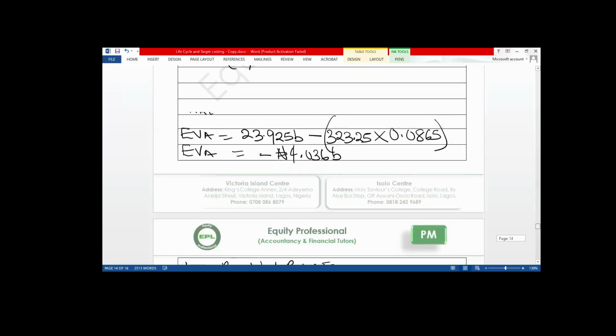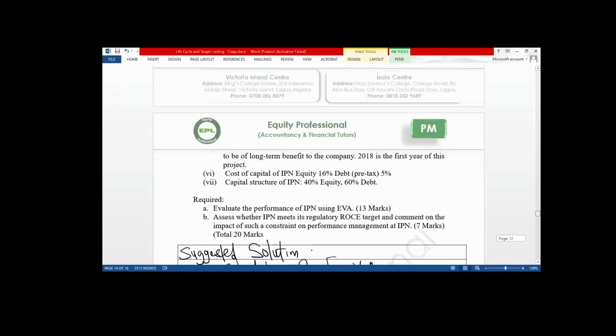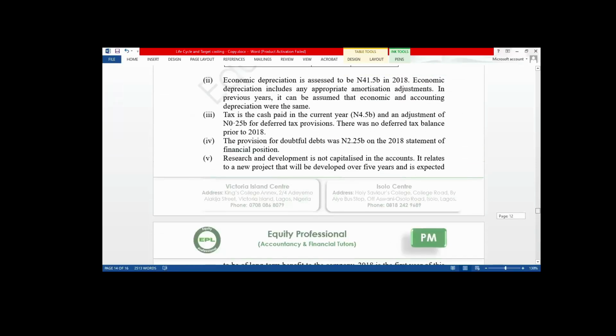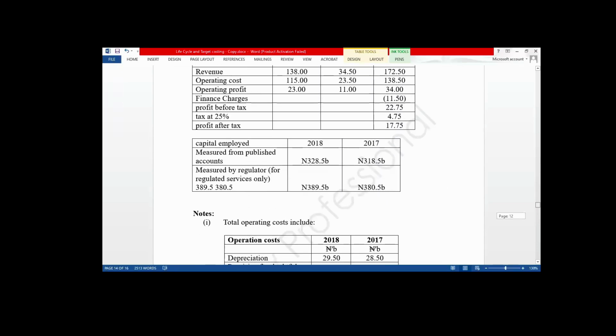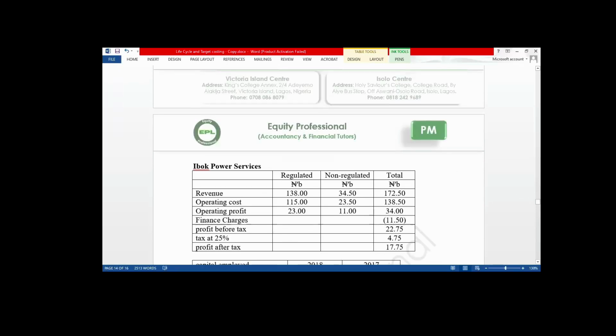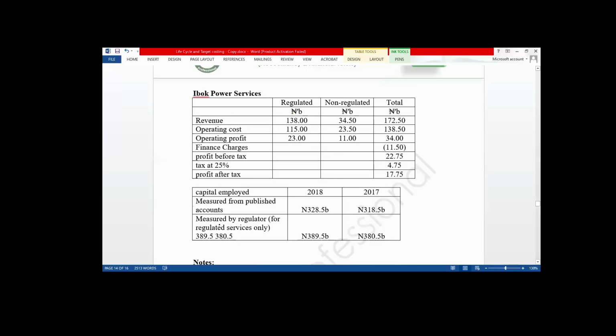Go to the question. Let's pick this figure. Regulated operating profit, 23 billion. Next, capital employed by regulated services, 389.5.